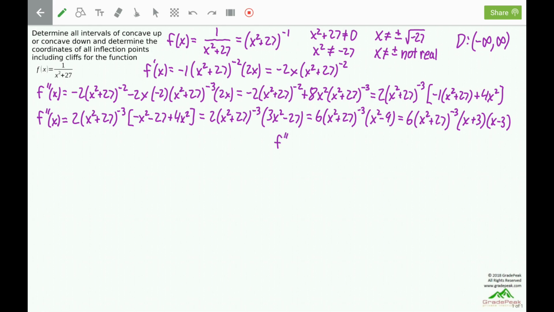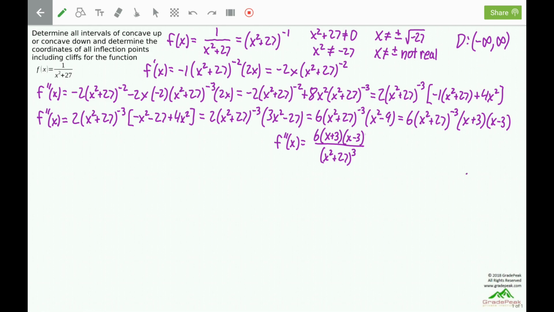And the second derivative will be, in the numerator there will be a 6, there will be an x plus 3, there will be an x minus 3. All of those were to a positive power. And the x squared plus 27 will move to the denominator to become a positive 3 power. So we have the second derivative written as a single fraction. All powers are positive, and it is fully factored.